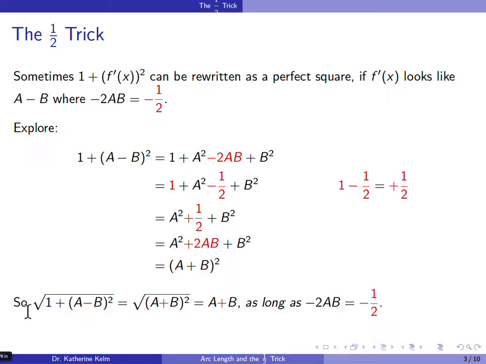So the square root of 1 plus a minus b all squared ends up being equal to the square root of a plus b all squared, which equals a plus b as long as negative 2ab is equal to negative 1/2. Now, technically, the square root of something squared is actually the absolute value of the something. But in practice, a plus b will often end up being positive anyway, and we won't have to worry about the absolute values. But just look out for that.